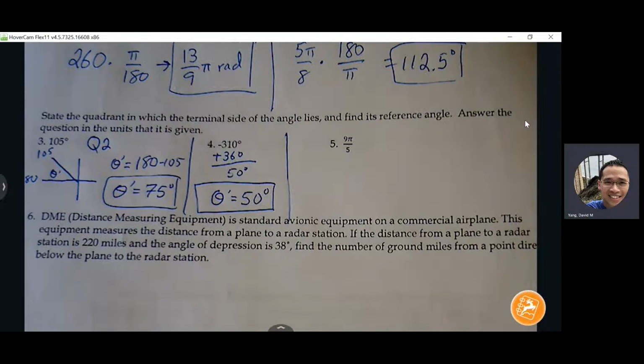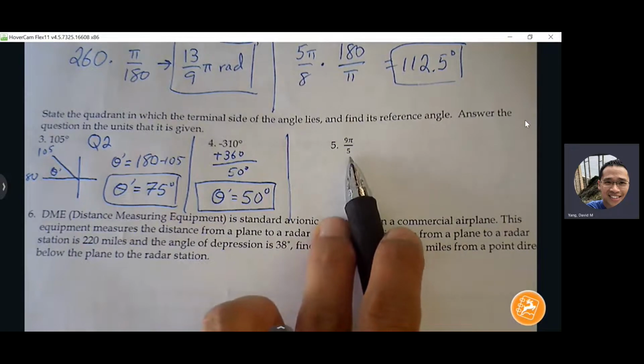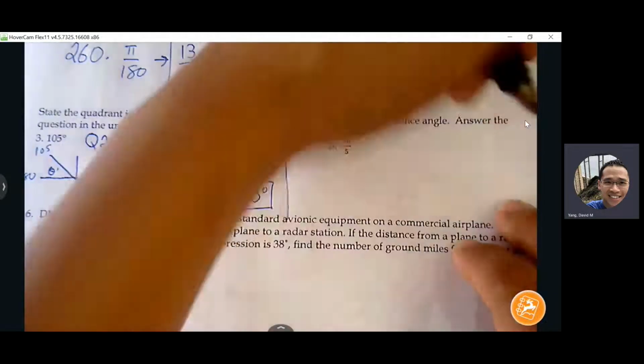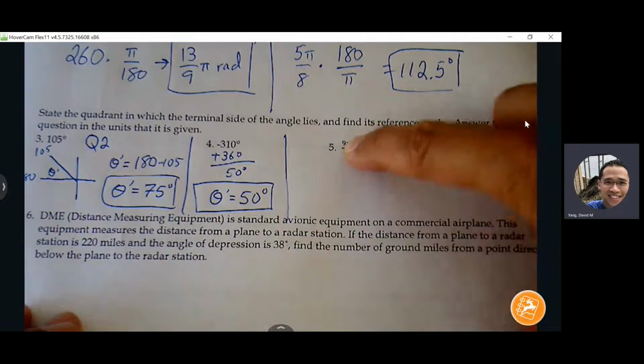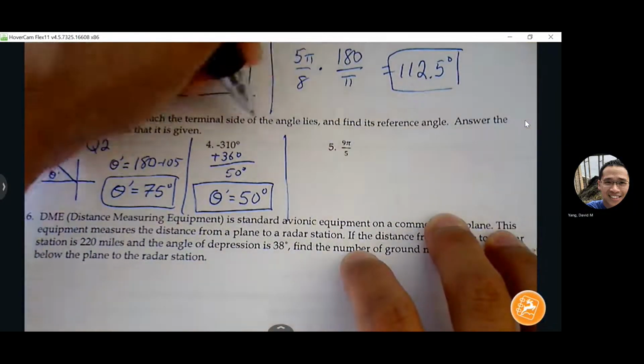Okay, 9 pi over 5. It's not a special angle, or not on the unit circle, but which quadrant is 9 over 5 pi going to be in? Fourth quadrant, and the reason why is you look at the fraction, leaving pi out of it. 9/5 is less than 2 but greater than 1.5, so you know it's in the fourth quadrant.